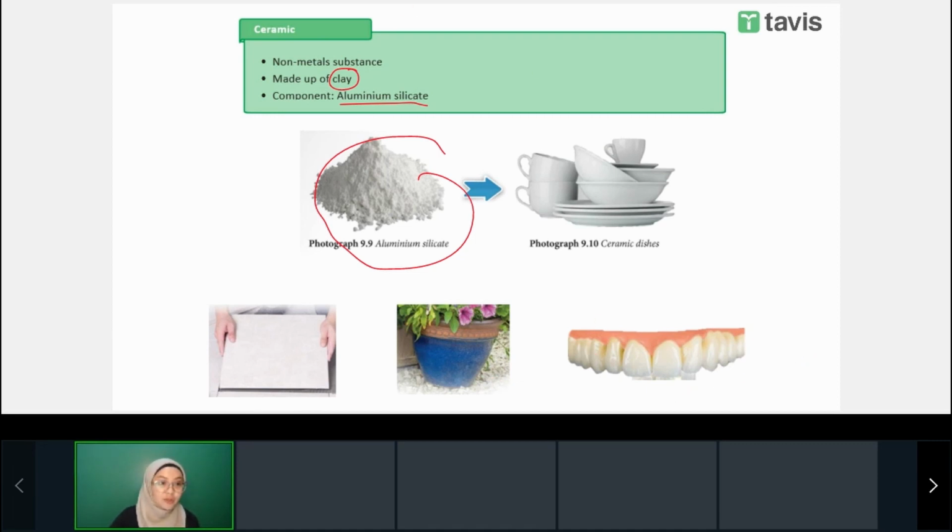Why do we use ceramic to make dentures? Do you have any idea why? Anyone? Okay, because ceramic is inert to any chemical.